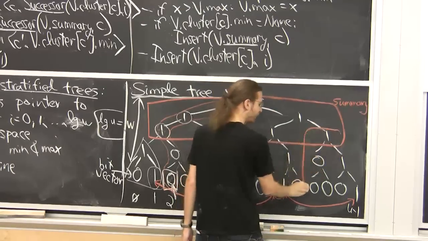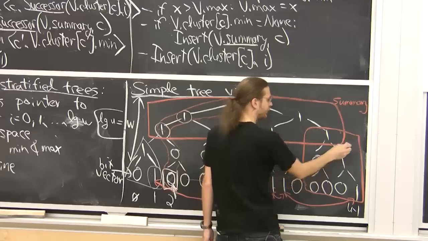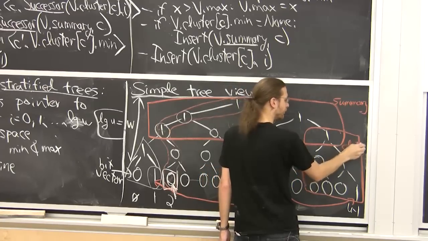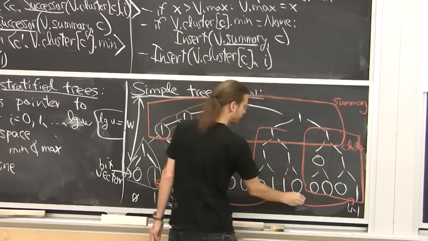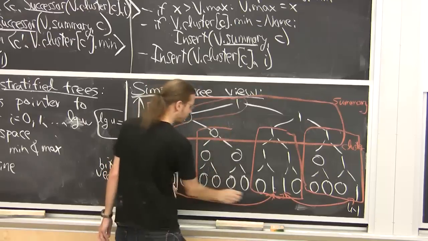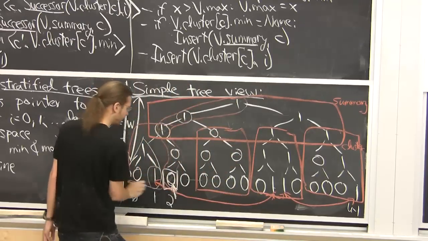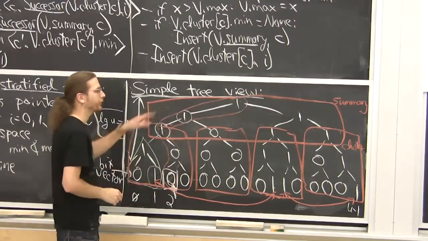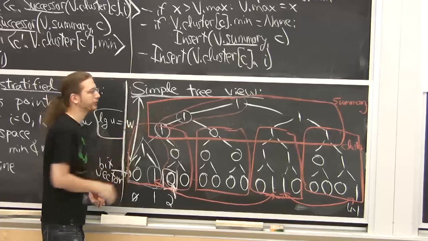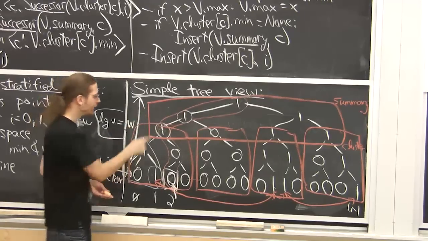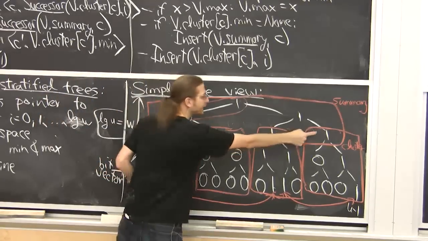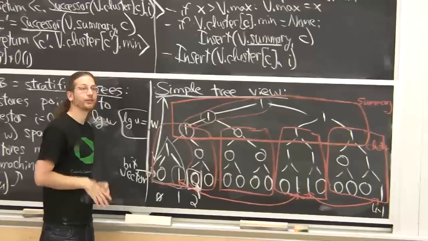And each of these bottom halves is a cluster. There's root u clusters down here, so those are smaller structures. And there's one root u size Van Emde Boas structure up here, which is the summary structure. These bits here are really the bit vector representation of the summary structure.